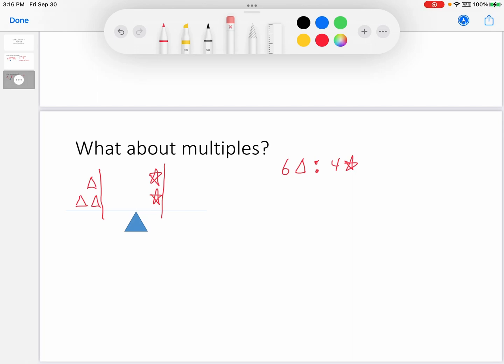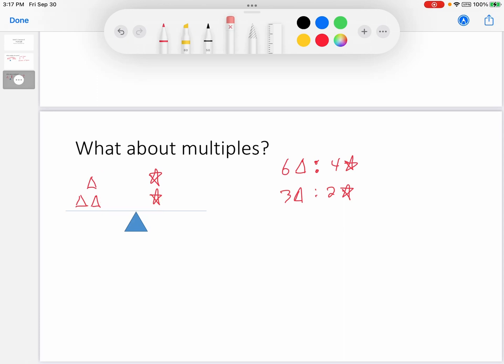Because what I've done is I've taken it into 3 triangles equals 2 stars, and 3 triangles equals 2 stars. If those two add up, they get the same amount as that. Well, isn't that just dividing? Dividing in half? So would it work if we multiplied?